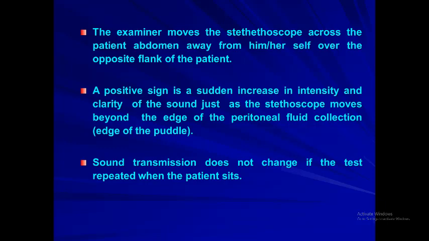Again, while the doctor flicks the loin near to him at a fixed point, the examiner moves the stethoscope from the center of the abdomen across to the other flank.